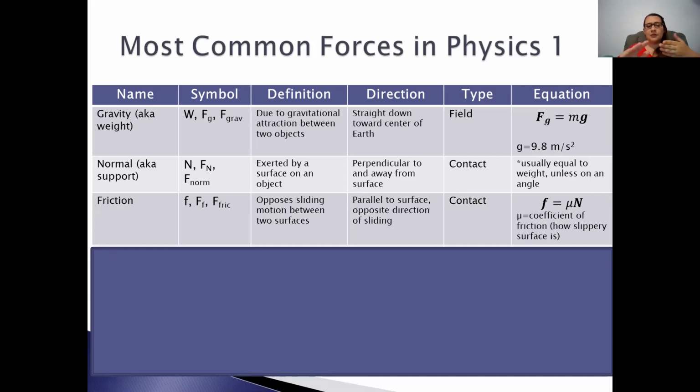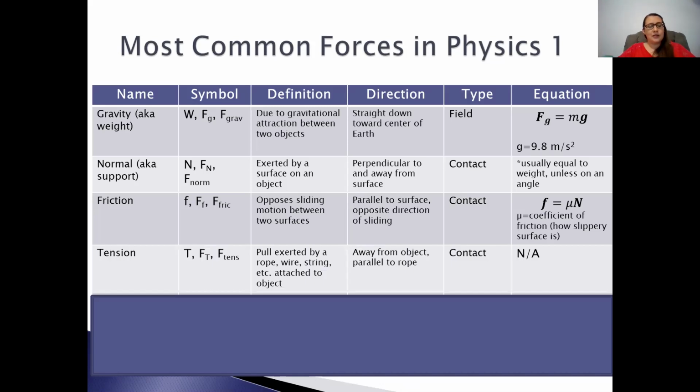Okay. And you can look up these tables of these coefficients. For any two materials rubbing against each other, that will determine the coefficient of friction. It's different if you have like wet rubber on asphalt versus dry rubber on asphalt, which is why it's easier to skid out when you're driving on a wet road. So all of these things come into play with this coefficient of friction.